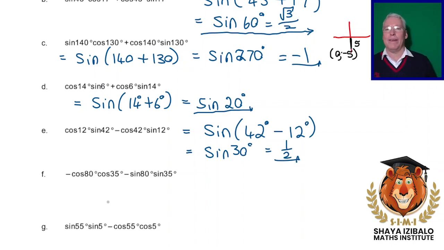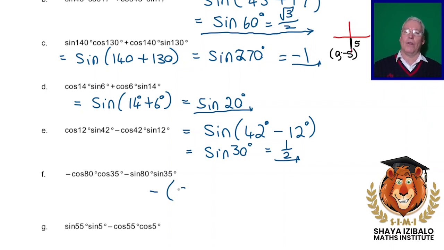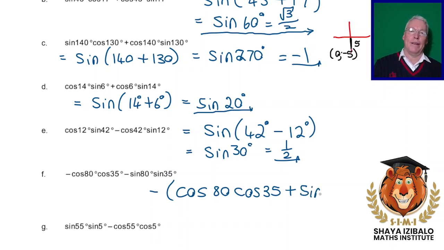Okay, the next one has got a negative in it. Let's take that negative out. So now we're going to get cos 80 cos 35 plus, because we're factoring out the negative, sine 80 sine 35. And so we actually get negative.